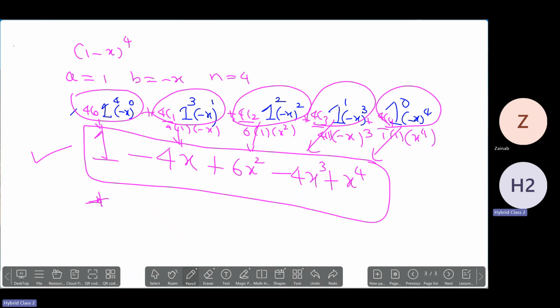Is the doubt clear? This is why, separately, when it comes to division and multiplication, this is how everything is to be squared.